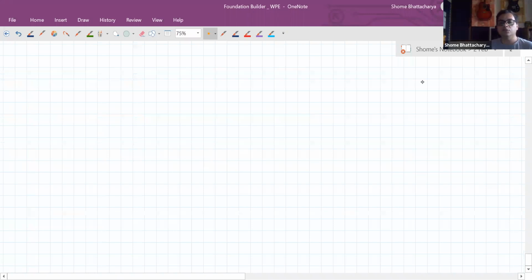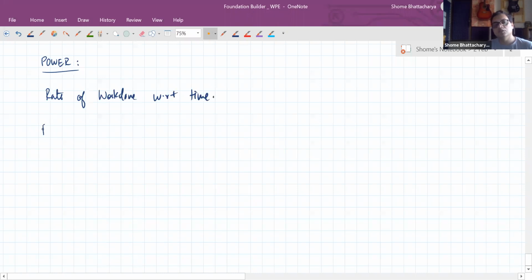Okay, so now we are coming to the last couple of things about work by energy. So we'll understand the definition of power today. So power is the rate of work done with respect to time.